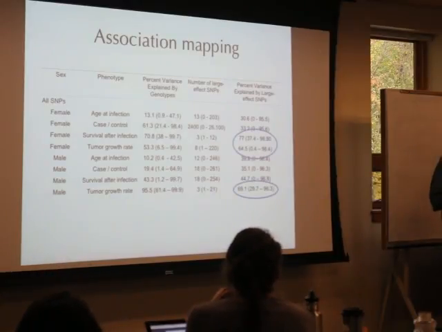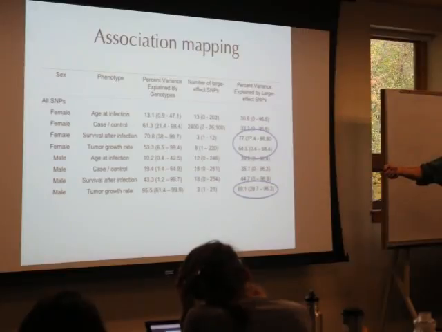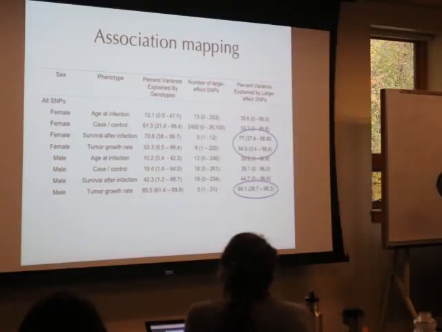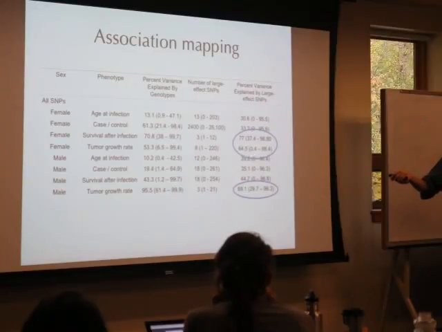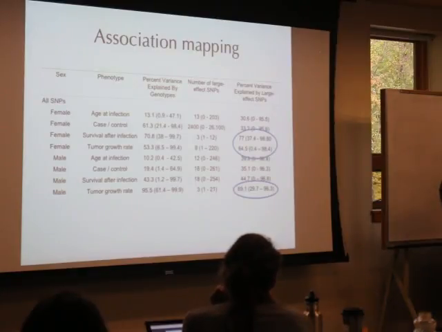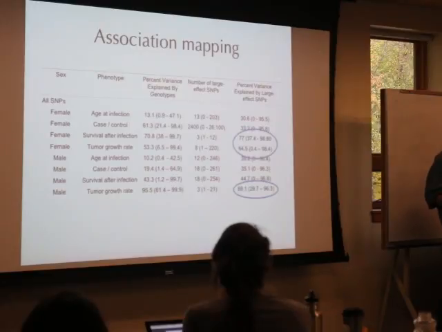And we're able to explain a relatively large proportion of phenotypic variance based on some of these genotypes. Some of these numbers, like 77%, 64%, 69%, are the variance in phenotype explained by genotype at a set of large effect SNPs. You can see the confidence limits here are pretty large, but a lot of them don't overlap 0. So we're picking up on some genetic signals, some genetic basis for these phenotypes.